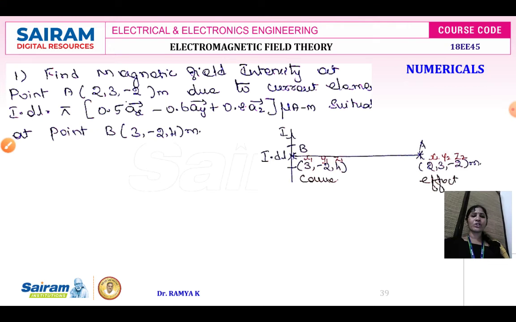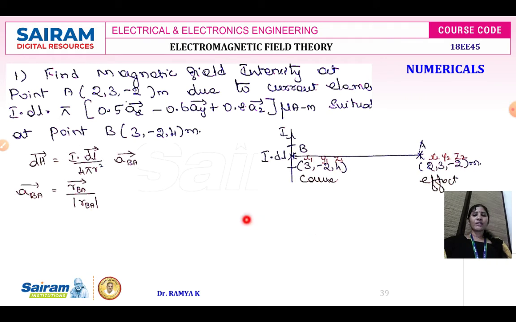Now coming back to the solution, we have two points. The current element is at point B and its value is given like this. At point A, we need to identify the magnetic field intensity; that is the effect, and all the other points are the cause.